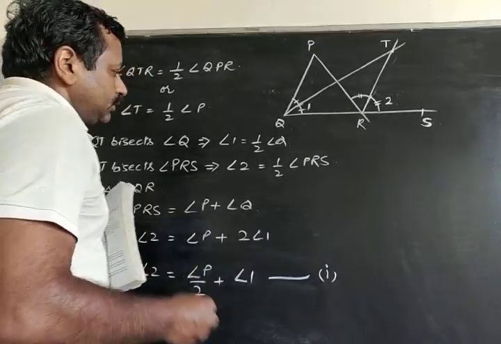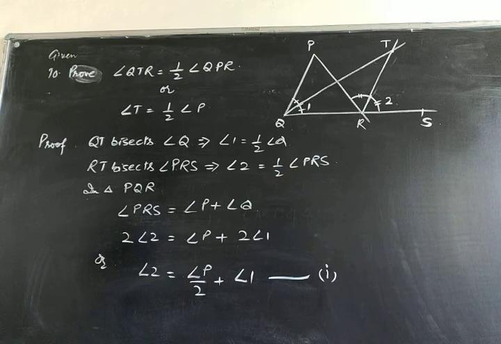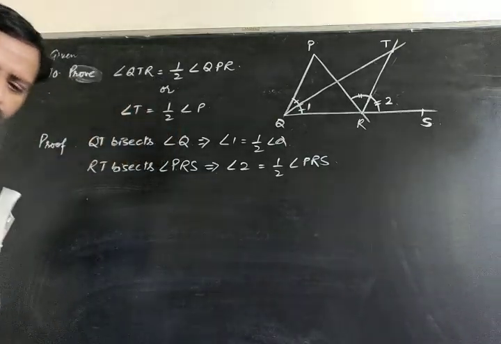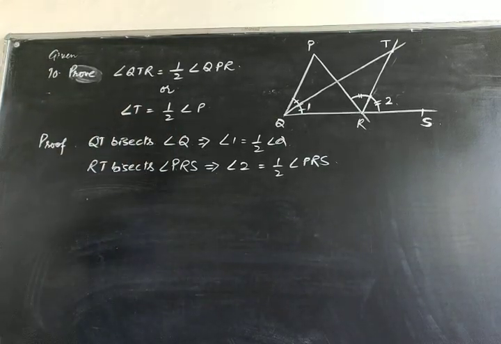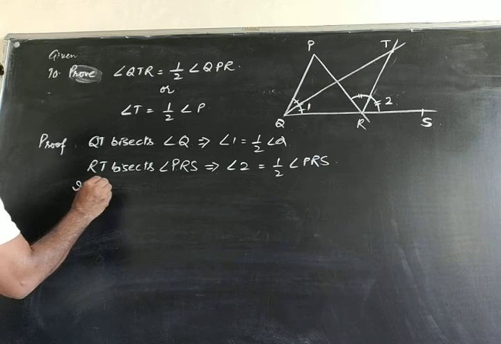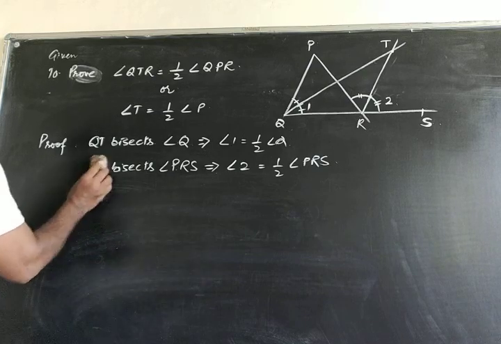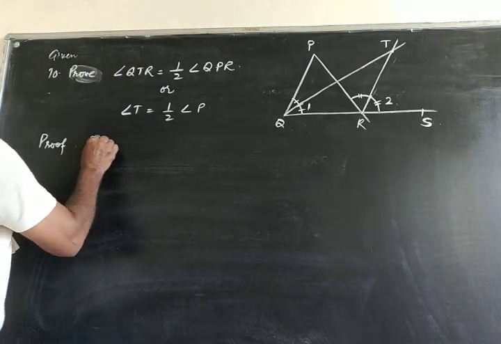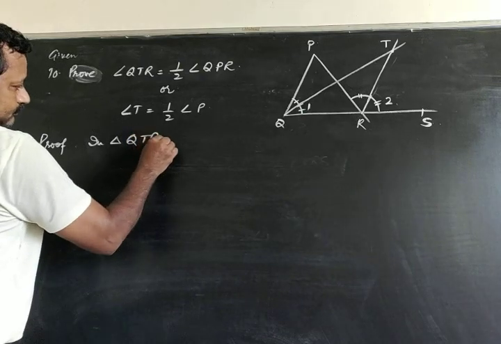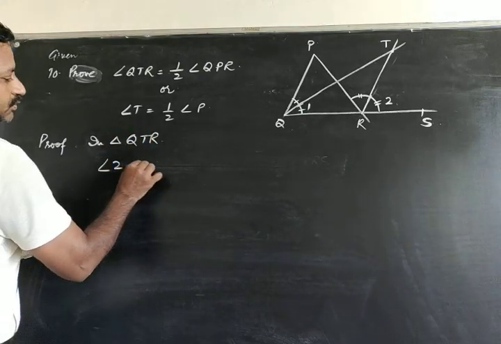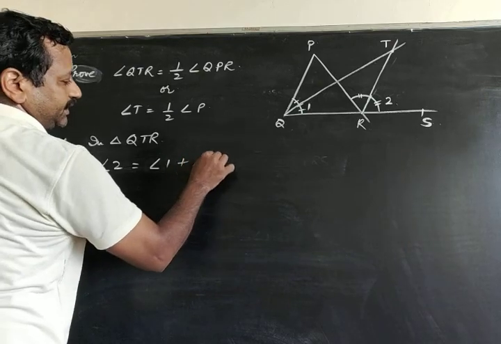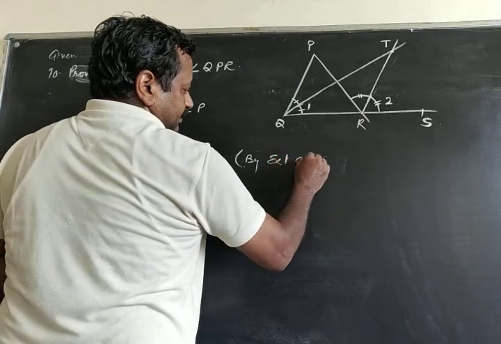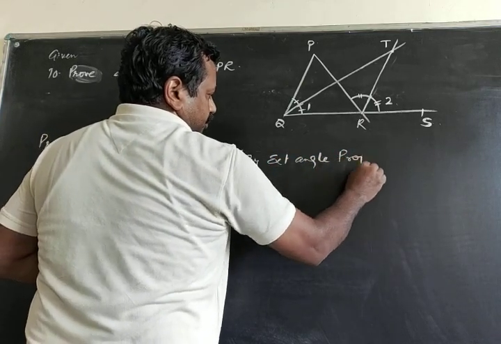So now we will write in triangle QTR, angle 2 equals angle 1 plus angle T by exterior angle property.